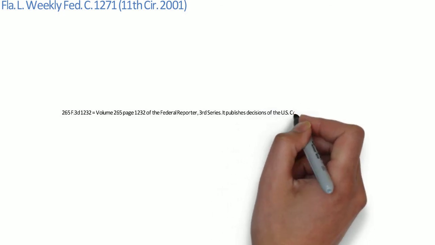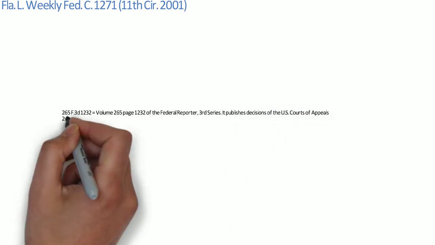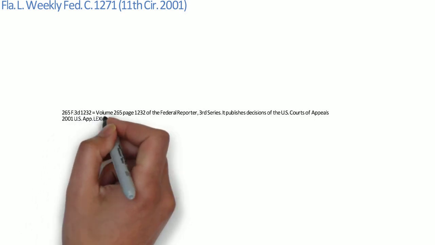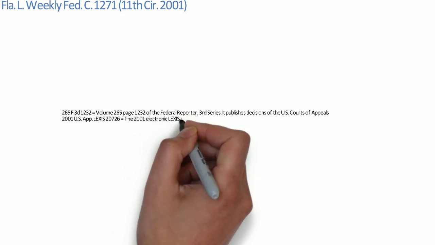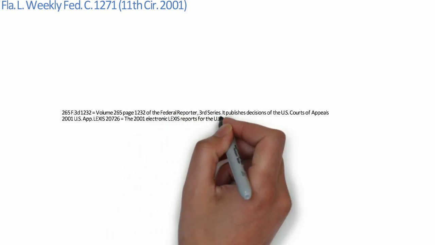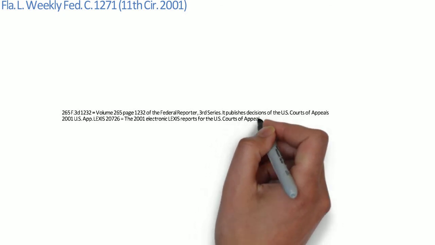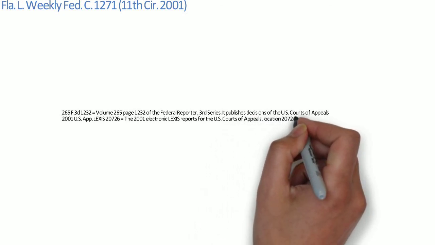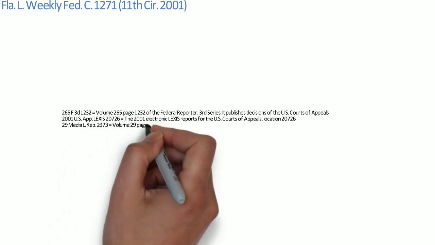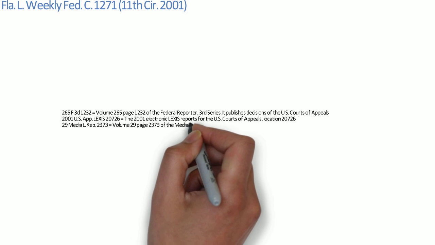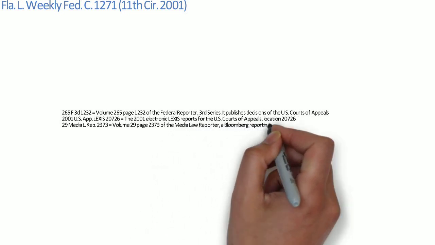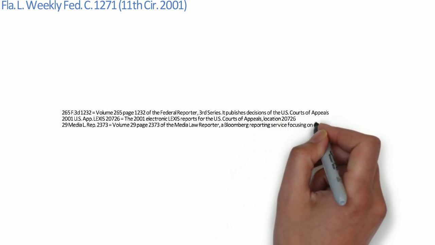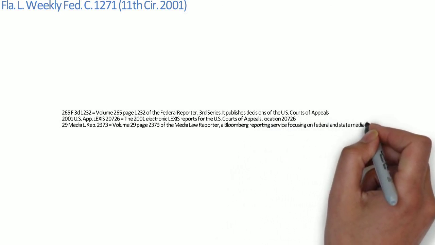It publishes decisions of the U.S. Circuit Courts of Appeal. It is also reported in 2001 U.S. App Lexus 2076, the 2001 electronic Lexus reports for the U.S. Circuit Courts of Appeal, location 2726, in 29 Media L. Rep. 2373, which is volume 29, page 2373 of the Media Law Reporter, a Bloomberg reporting service focusing on federal and state media law.